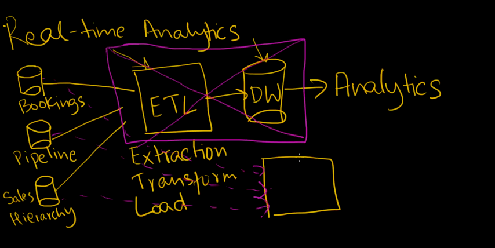So one of the real-time analytics solutions is actually HANA. This is an SAP solution, and you are able to make the entire data source in your operational systems available on a real-time basis.